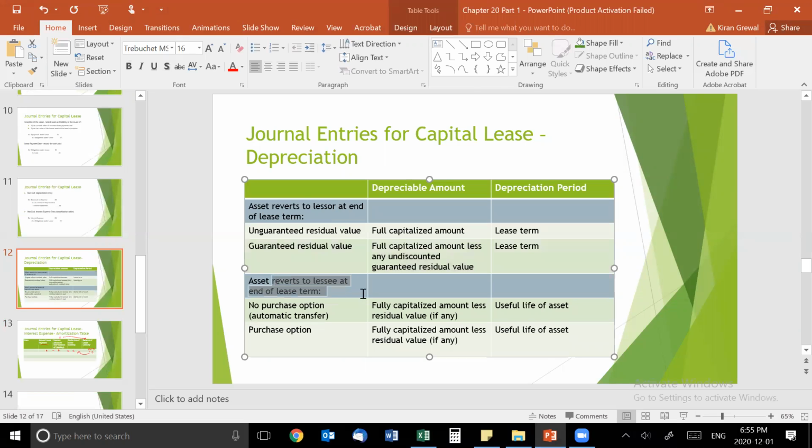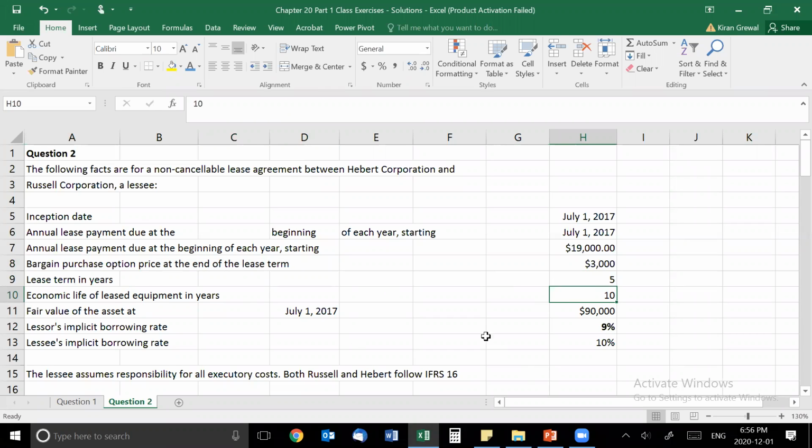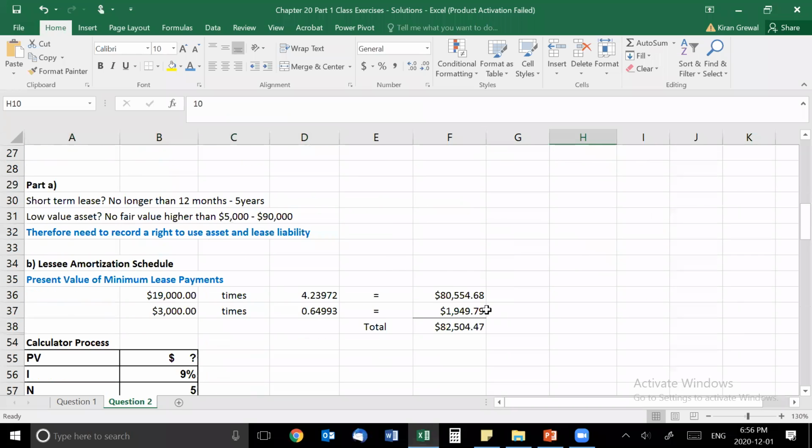If the asset goes to the lessee, and it doesn't matter if there's a purchase option or no purchase option, we're going to use the useful life of the asset. And it doesn't say anything about any guaranteed residual value or any residual value. The question doesn't talk about residual value at all. So we're basically just going to use the useful life or the economic life of the asset, which is 10 years.